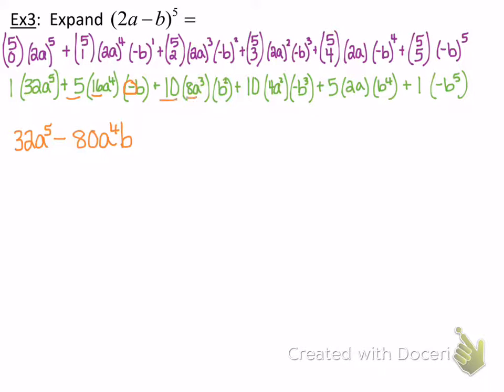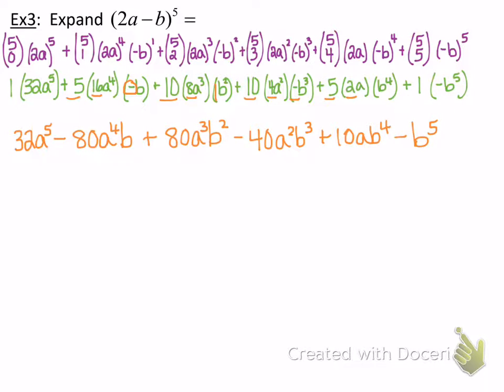We have 10, 8, and then 1 here, so it's plus 80, again coincidentally the same. A to the third b squared. 10, 4, negative 1, minus 40, a squared b to the third. 5 and 2, plus 10, a b to the fourth, and then your last answer is negative b to the fifth, so it's minus b to the fifth.